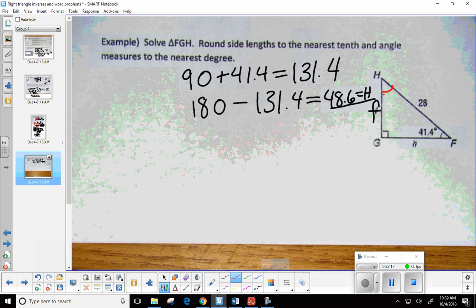Nice. So 48.6. That makes sense, right? Okay. So what do we want to solve for next? Side h, how am I going to do that?